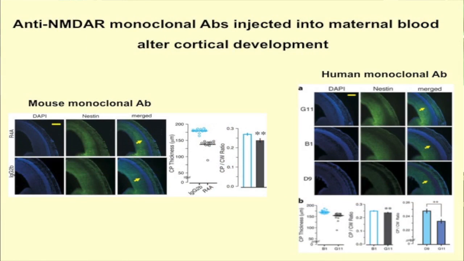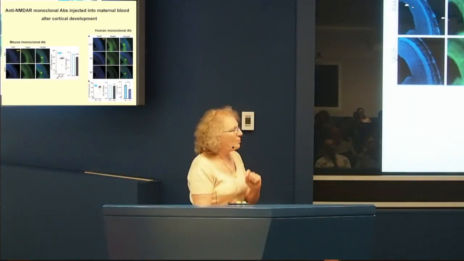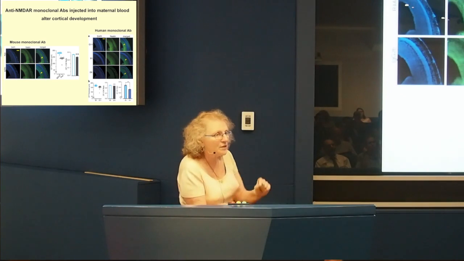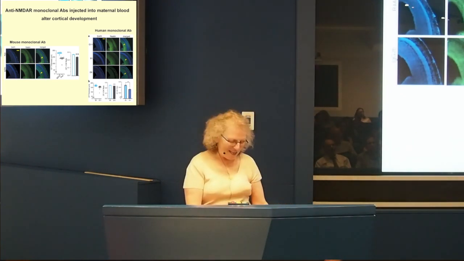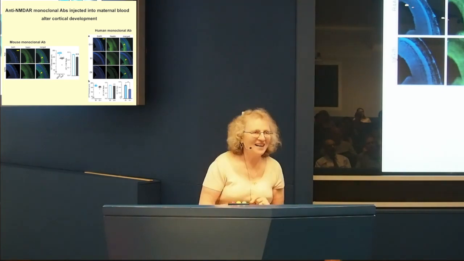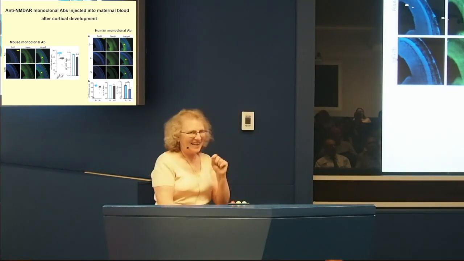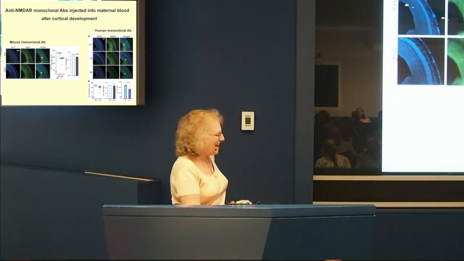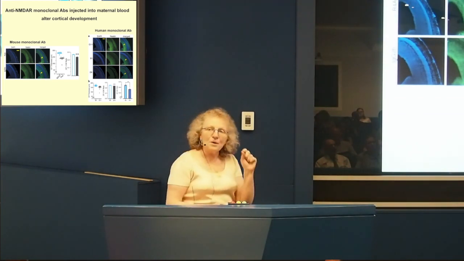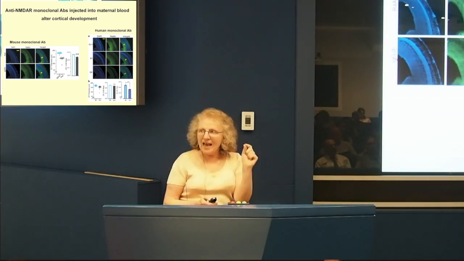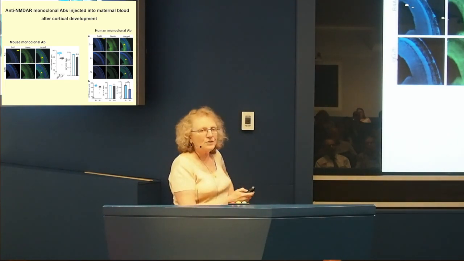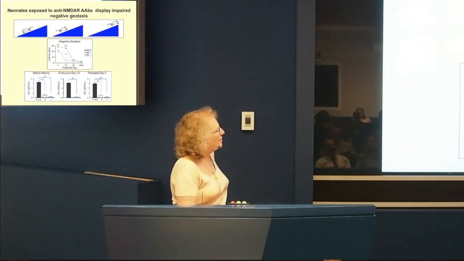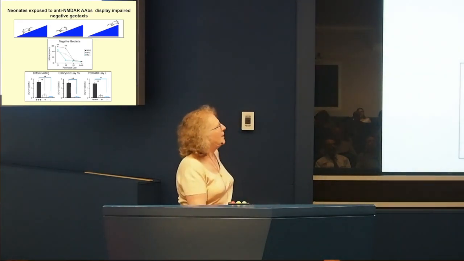And this is an anti-DNA antibody, also cloned from peripheral blood of a woman with lupus, but with no cross-reactivity to the NMDA receptor. So not all antibodies that see DNA cross-react with the NMDA receptor. So this showed us that antibody alone, nothing to do with our immunization, was altering the development of the fetal brain.